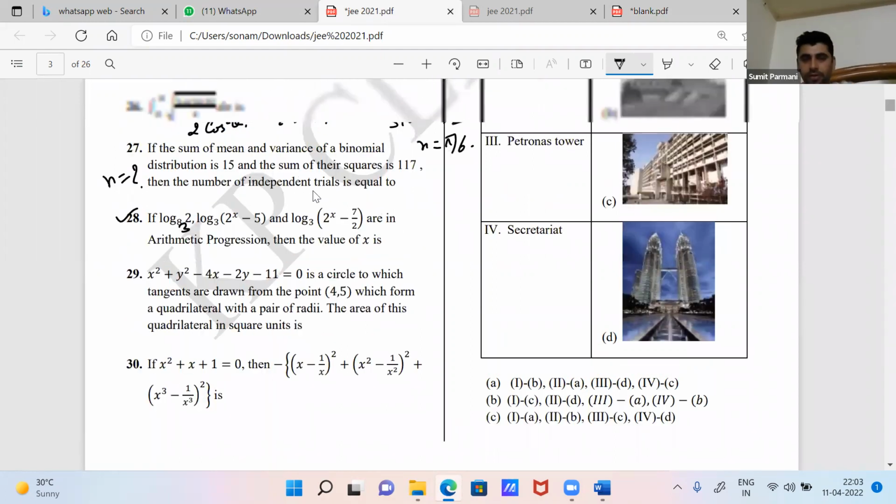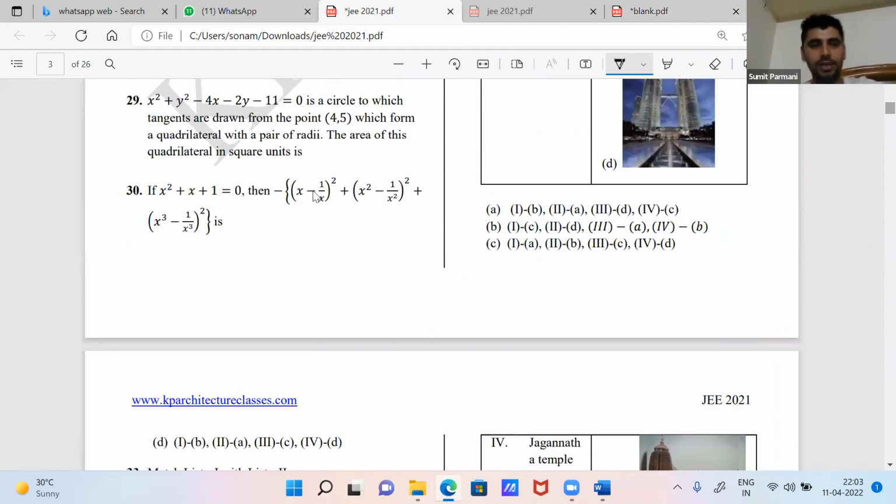Okay, 30 we are going to solve here itself. This is something given in complex as cube root of unity. So the roots of this are omega and omega square directly. That is x is equal to omega or x is equal to omega square.